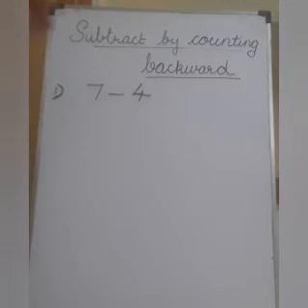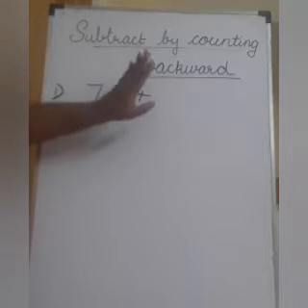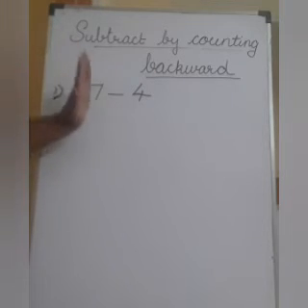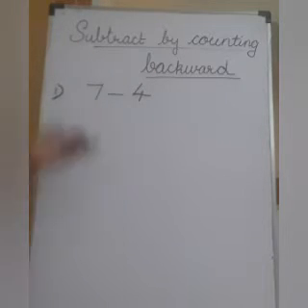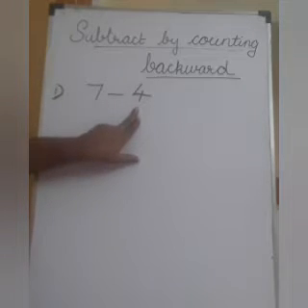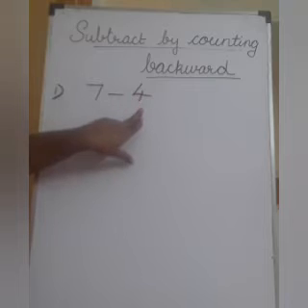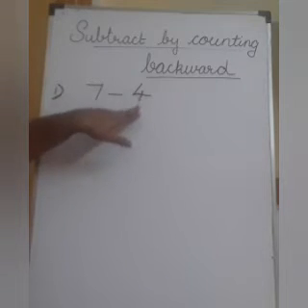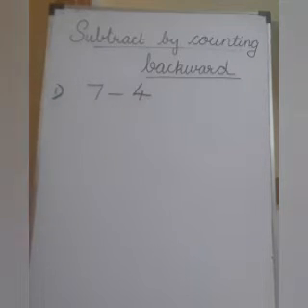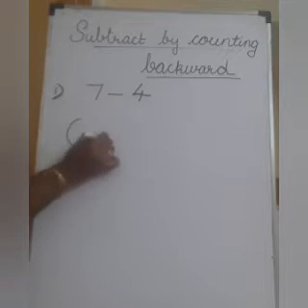Dear kids, in this topic we are going to do the subtraction by counting backward. For that, look to the second number. It is 4. So, we can draw 4 circles.